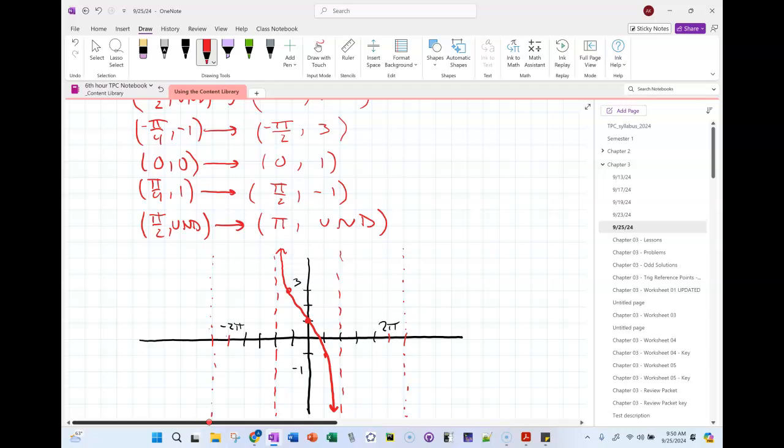And then I can just kind of follow my pattern. What do you guys think? Not so bad, right? This is pretty doable.